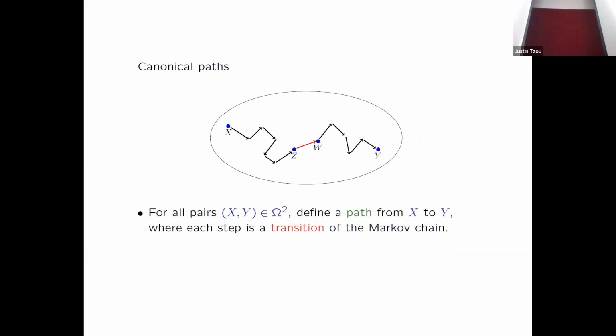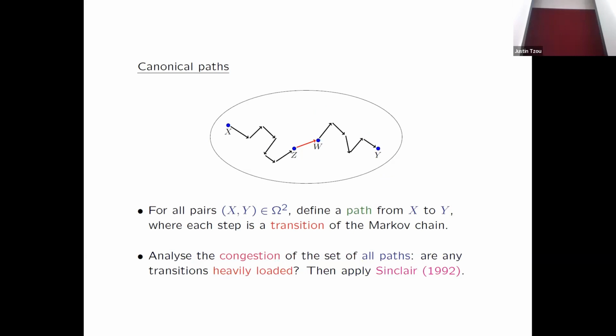And once you've defined a path between each pair, you look at the set of all paths, and there's a parameter called the congestion, which it doesn't hurt too much to think about as the number of paths that use a particular transition, and you take the maximum over all transitions, except that there might be some weighting to do with the length of the path and also the probabilities of the endpoints if it's not uniform. But essentially, you're counting paths.